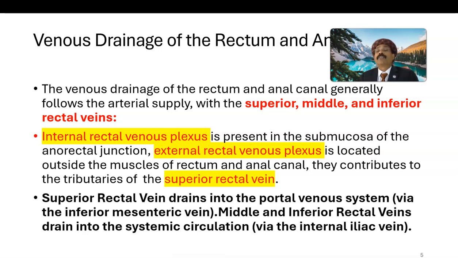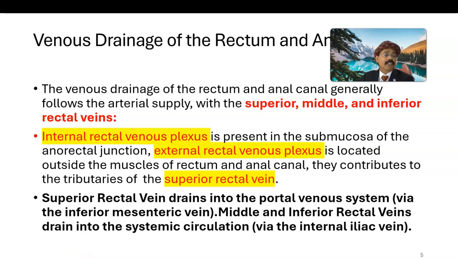When there is increased portal pressure, portal hypertension due to any reason, then this anastomosis will be established, and there may be swelling in the rectal mucosa due to the excessive venous pressure. That may lead to the development of hemorrhoids or piles.